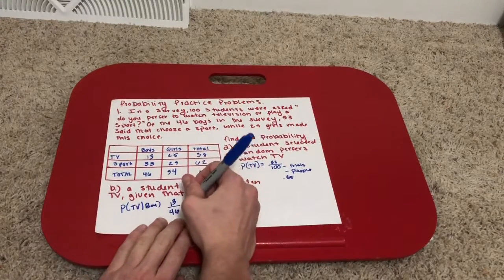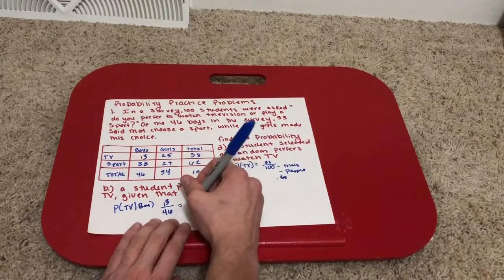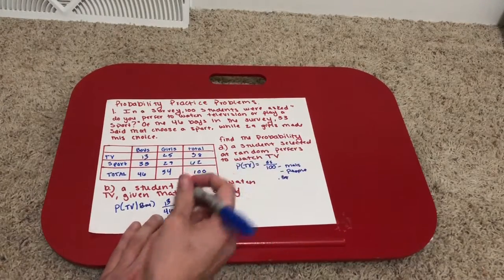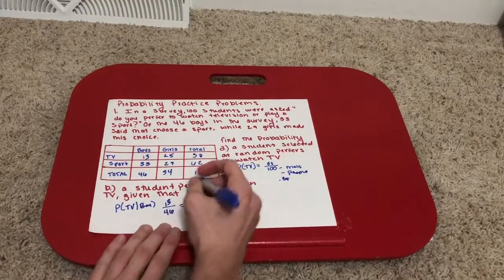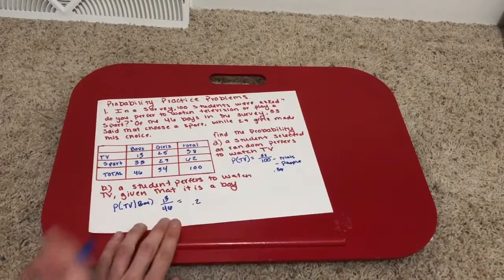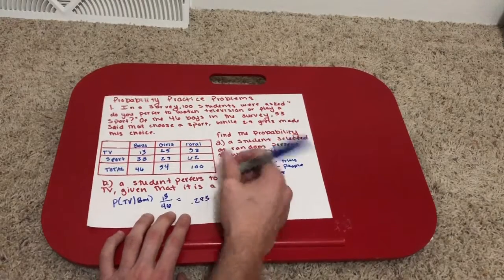So you can either leave it like that, or in IB you'd like to round it to 3 sig figs. So you'd put that in your calculator and figure out what it equals. And I've already done that, so it equals 0.283 to 3 sig figs.